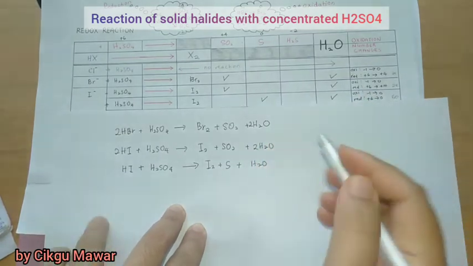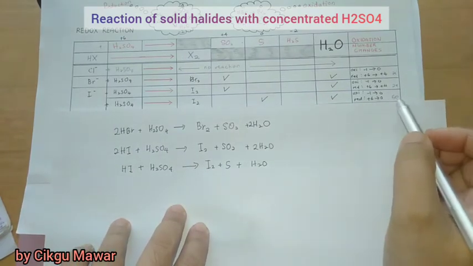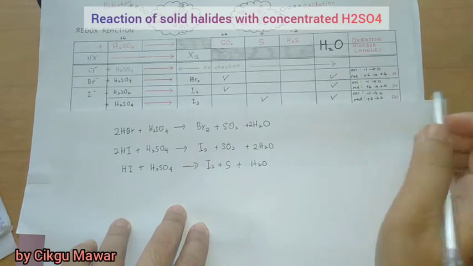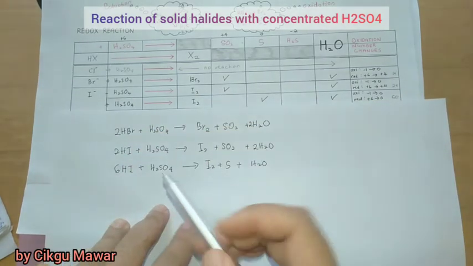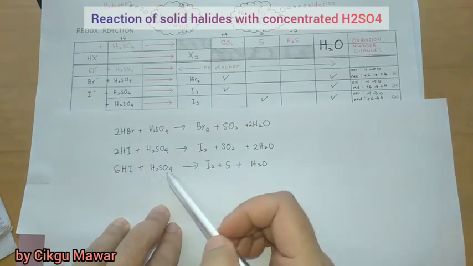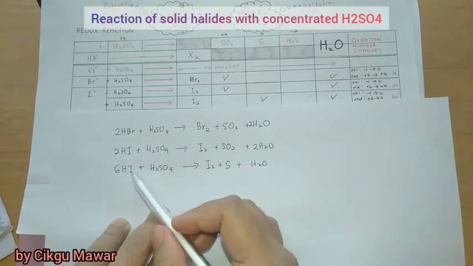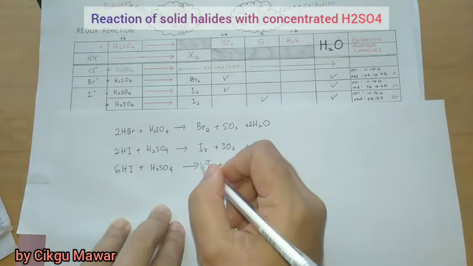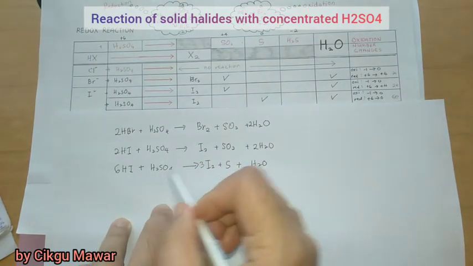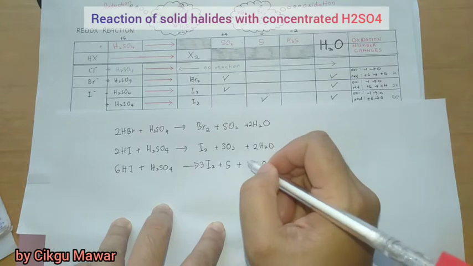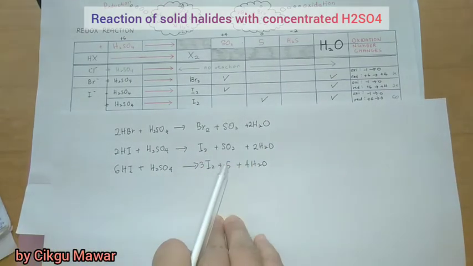Now we balance the equation, referring to the electrons. Here the electrons being reduced are 6 electrons, so we put 6 moles of hydrogen iodide reacting with sulfuric acid, and then we balance the equation, where iodine has a 6, so 3 iodine, and for water we just put 4 here. So we already balanced the second reaction of hydrogen iodide with sulfuric acid.